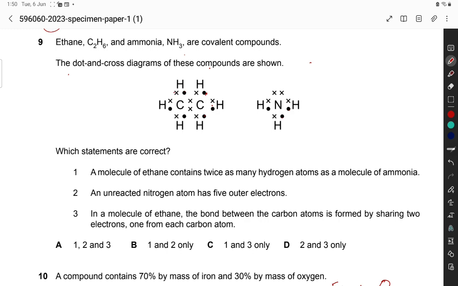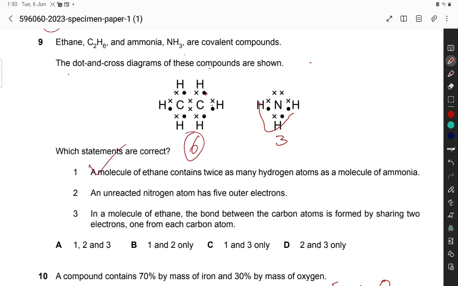A molecule of ethane contains twice as many hydrogen atoms as a molecule of ammonia. Ethane contains twice as many hydrogen atoms. So over here 3, so it has 6.